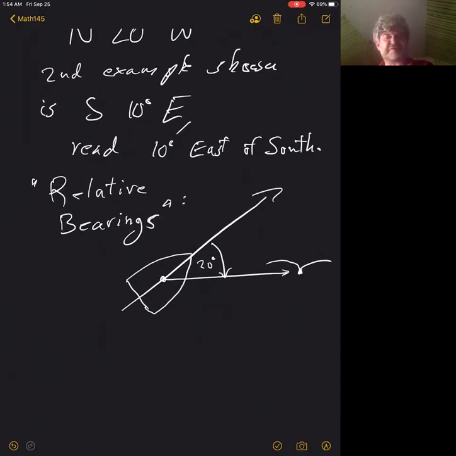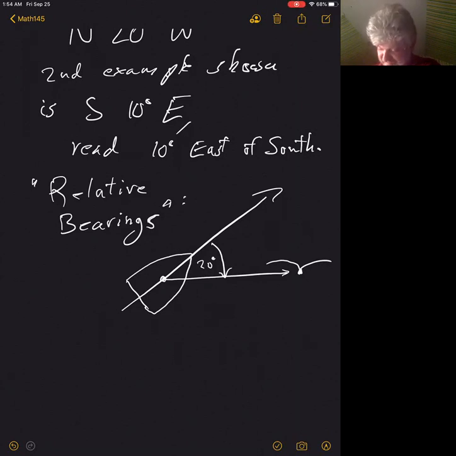And so now you learn a bit of the lingo. The book makes a big deal out of this. In nautical navigation, I'm not sure what the pilots do, at least on the water, you call it starboard.